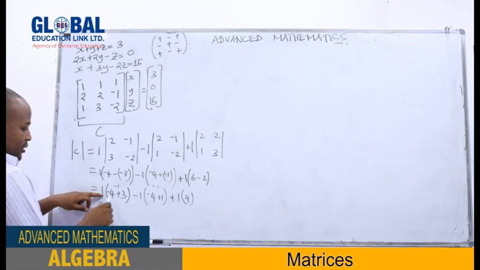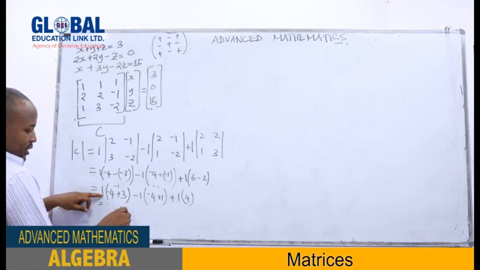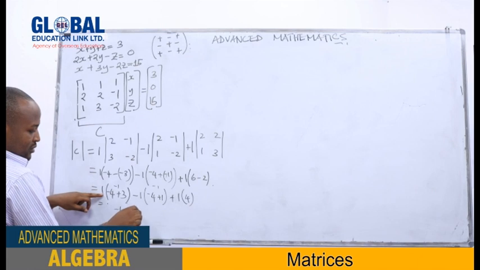That means we are left with what? We are left with negative 1, and negative 1 times negative 1, we are left with a positive.